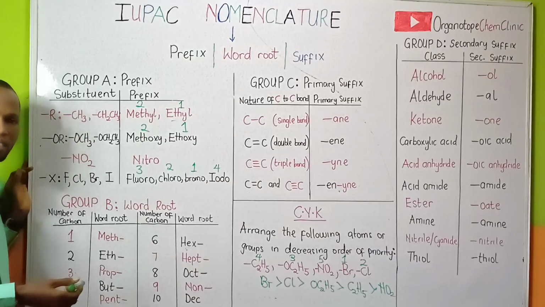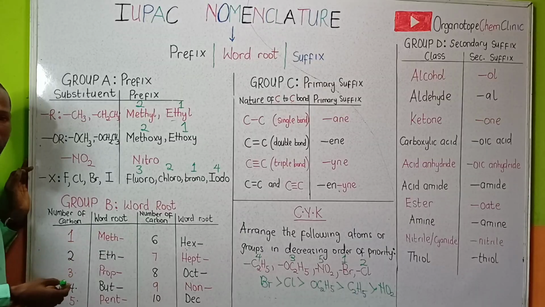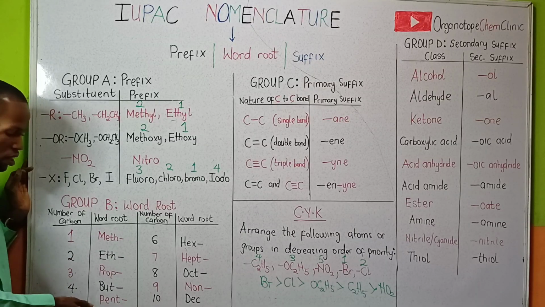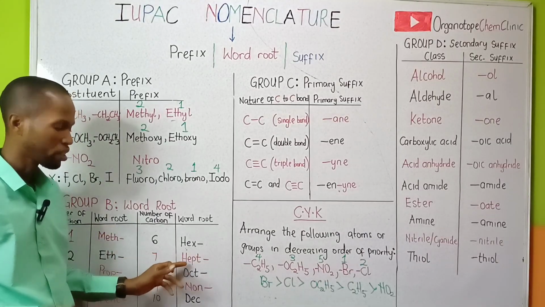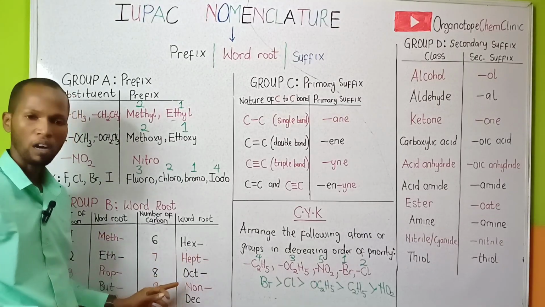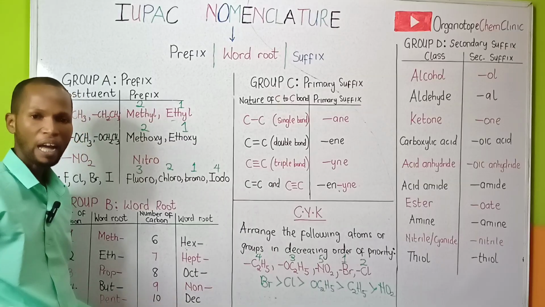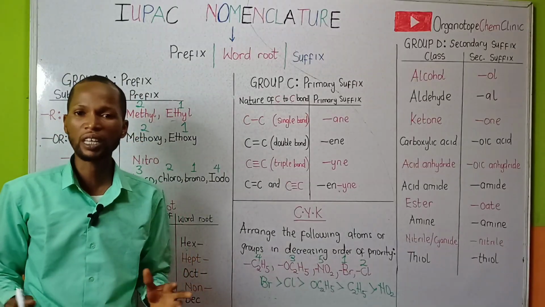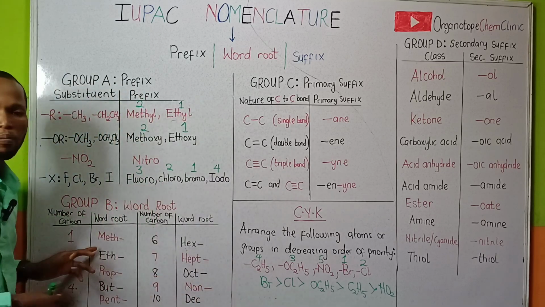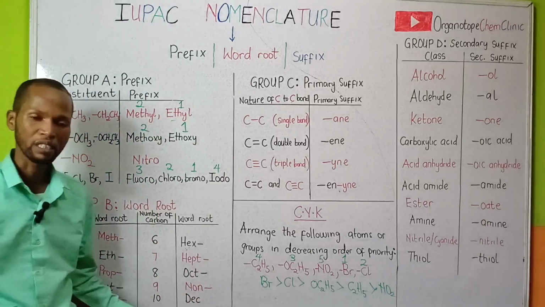The next members are indicated from the Latin or Greek name for numbering. We have the tens. 5 is pent, 6 is hex, 7 is hept, 8 is oct, 9 is non, and 10 is dec. So for this video lesson, we are going to focus on the first 10 members, which is meth to dec.